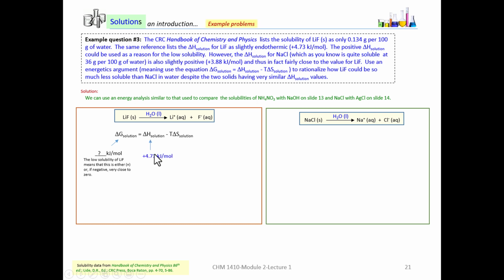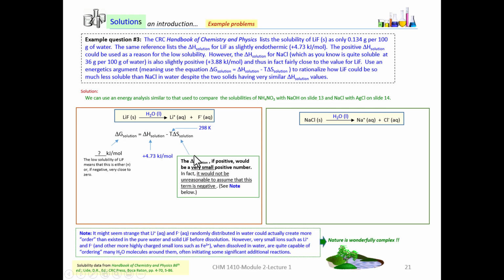We know that the delta H of solution is positive, 4.73 kilojoules per mole. Temperature is 298 K. We're doing this at room temperature. So what about delta S here? Well, the delta S of solution, if positive, would be a very small positive number.